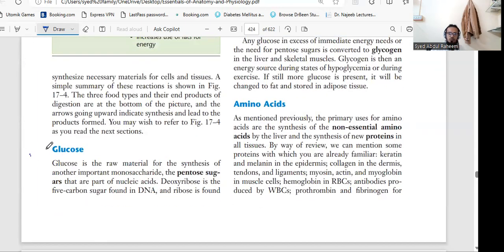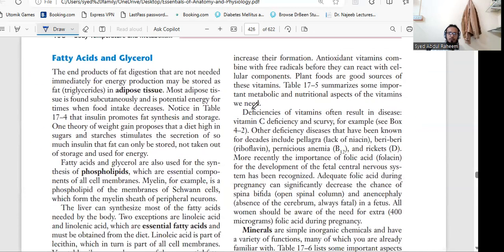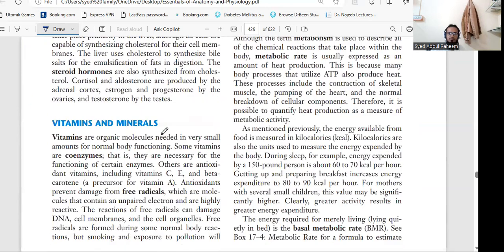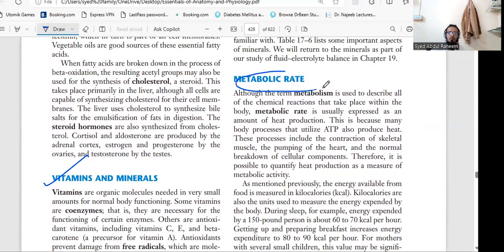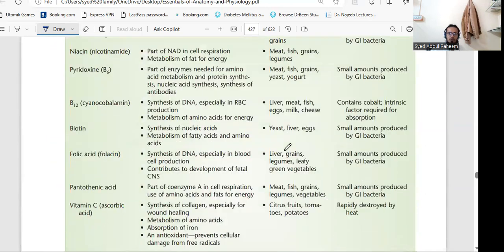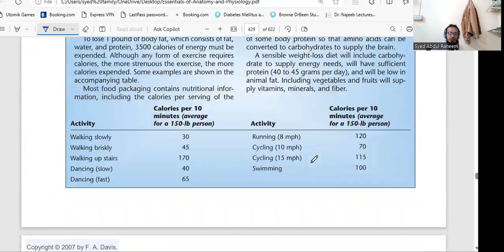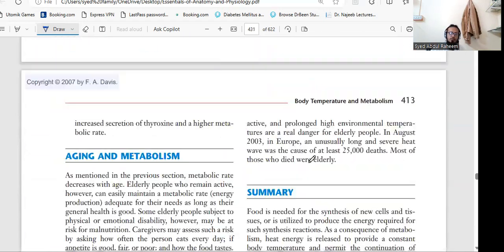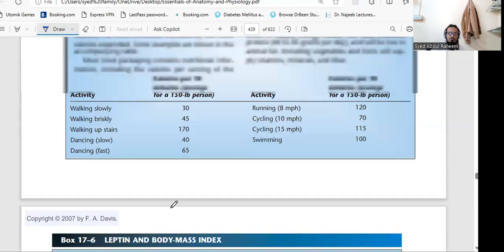We have glucose, amino acids, and fatty acids, and minerals and vitamins. And at last, we will study metabolic rate, how the metabolism is maintained. It is very important. Okay. Next, at last, we will discuss aging and metabolism.